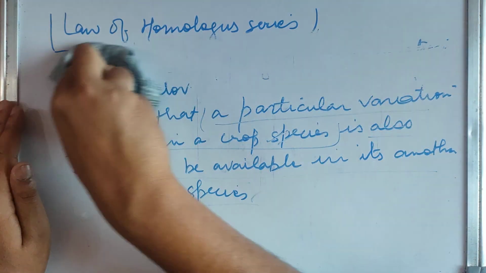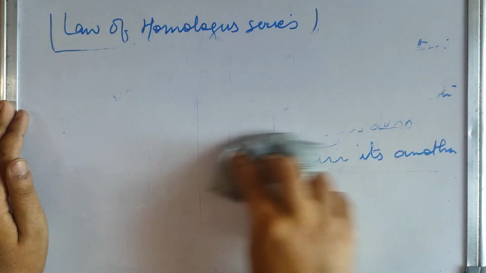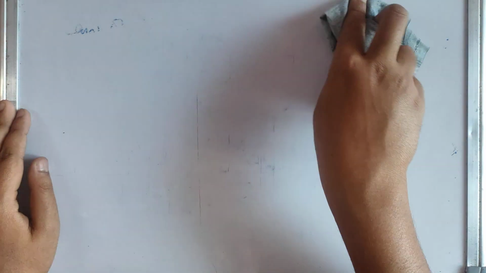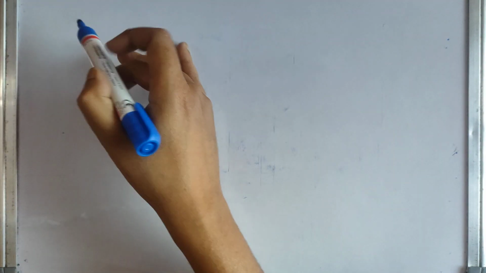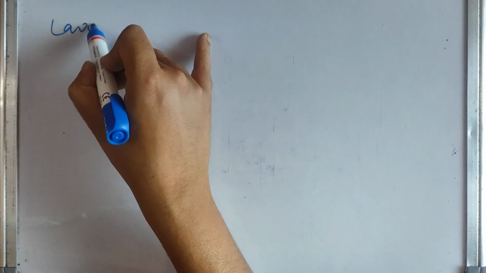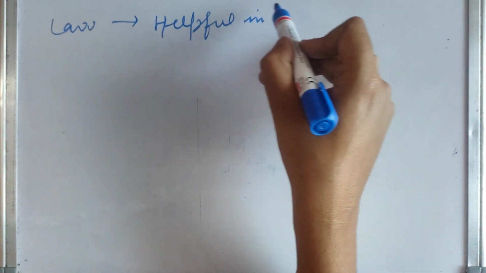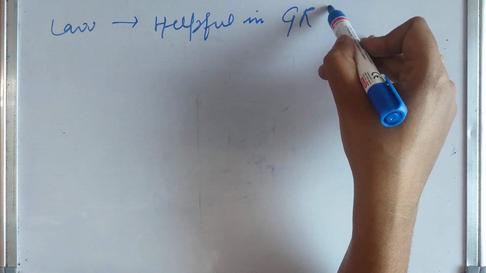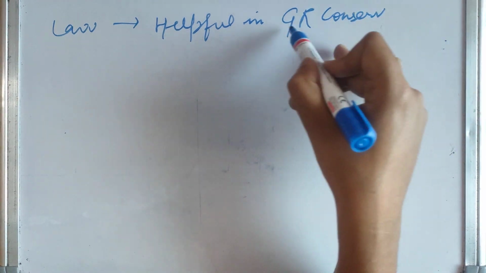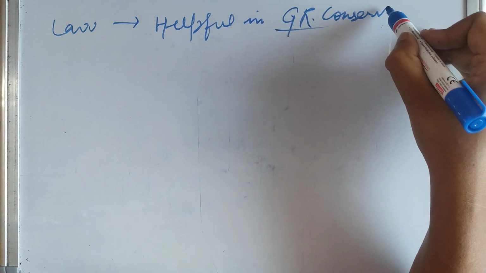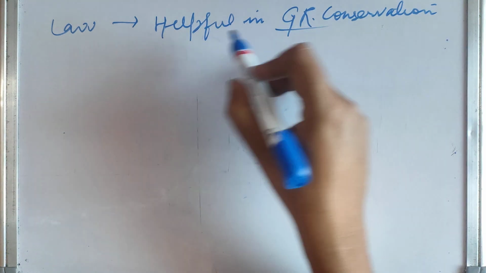Now, how is this law of homologous variation helpful in genetic resource conservation and utilization?